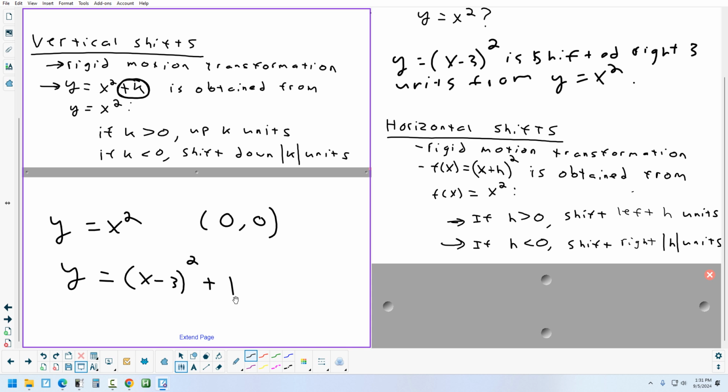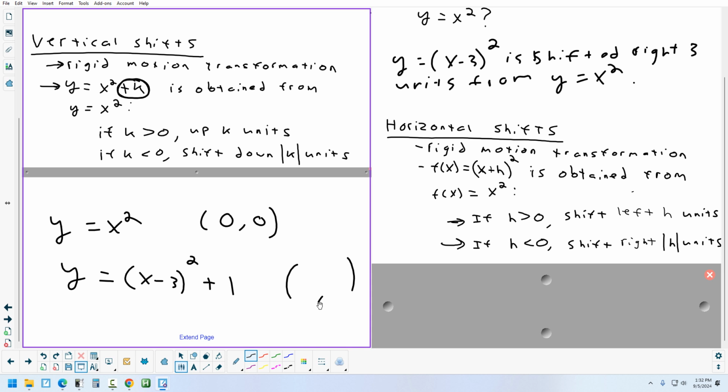What's the -3 going to do? Which way and how much? Yep. Right 3. It's going to shift it right 3. What's this +1 going to do? Shift it up 1. This is right 3, up 1.